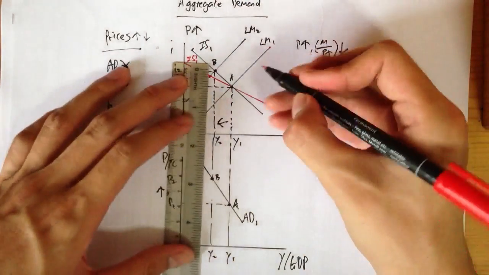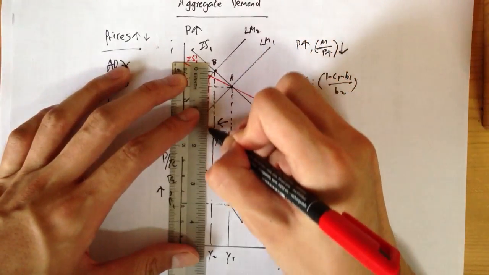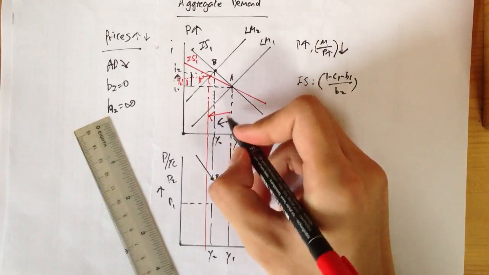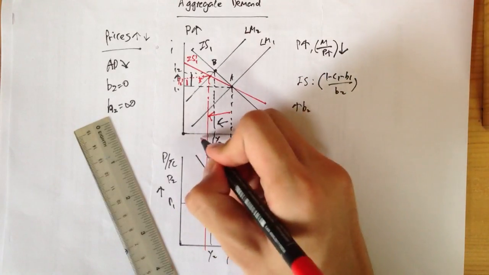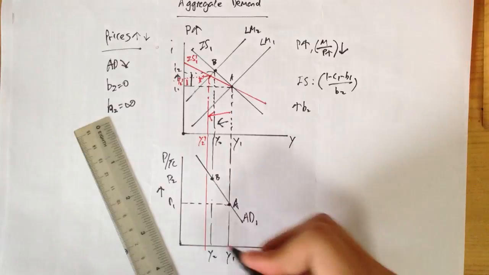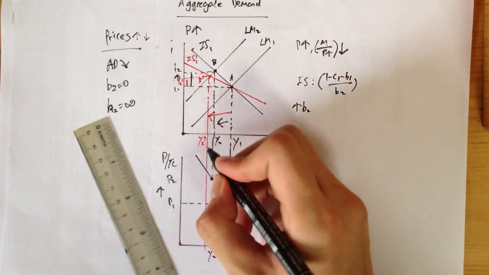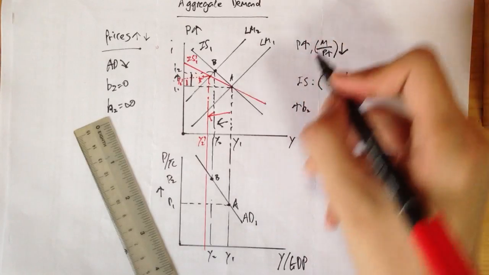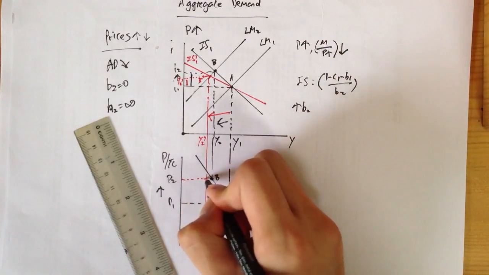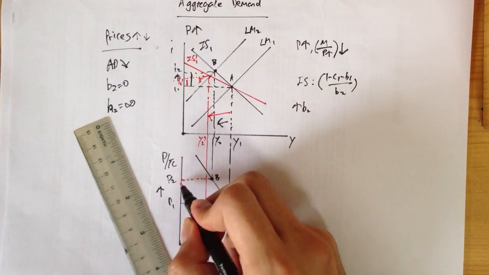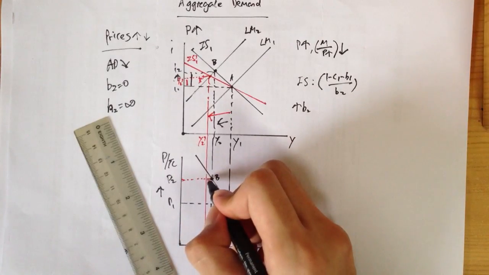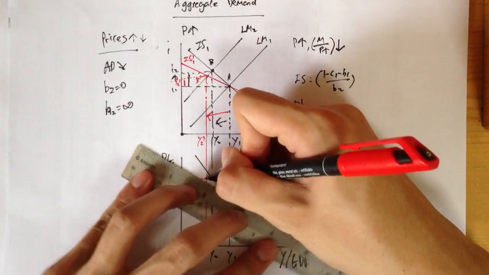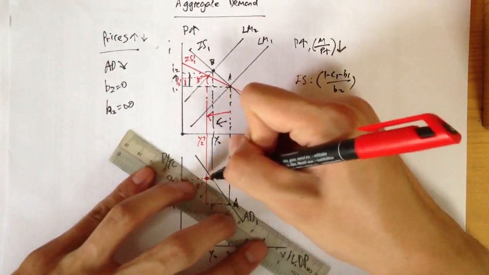As we have observed, all the way down, our output actually decreased by a larger amount. You have your Y2 here, but the prices increase by the same amount. So right here, at the same price, and then joining these 2 points, we have our new AD curve.